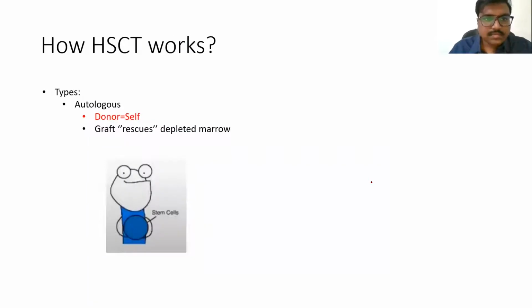If the stem cells are harvested from the same patient, it is called an autologous transplant. In this, the graft is only rescuing the depleted marrow. The chemotherapy is taking care of the basic disease, and these stem cells are just repopulating the marrow. That is it.